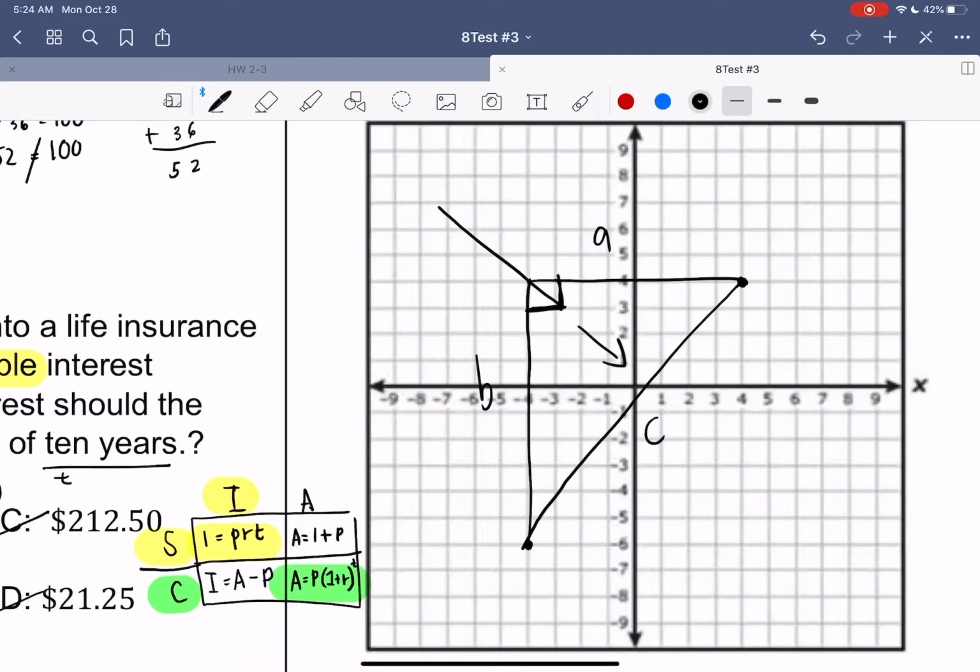As we count these, we have 1, 2, 3, 4, 5, 6, 7, 8. So A equals 8, and then we have 1, 2, 3, 4, 5, 6, 7, 8, 9, 10. B equals 10.